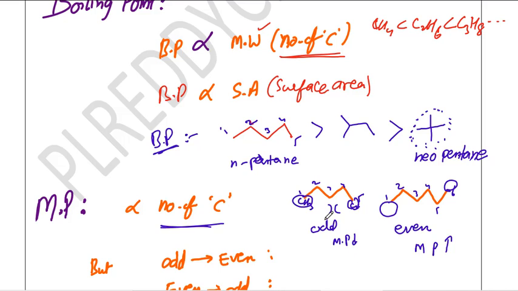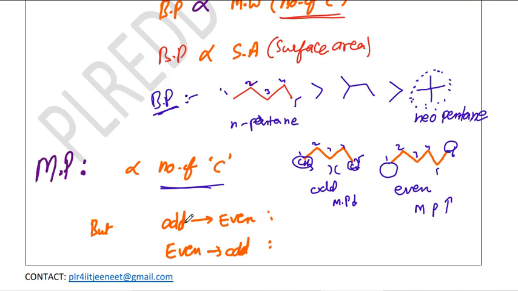Of course a 6-member chain should be higher than a 5-member chain, but whenever it changes from odd number to even number, from a 5 carbon chain to a 6 carbon chain, the melting point increases more.